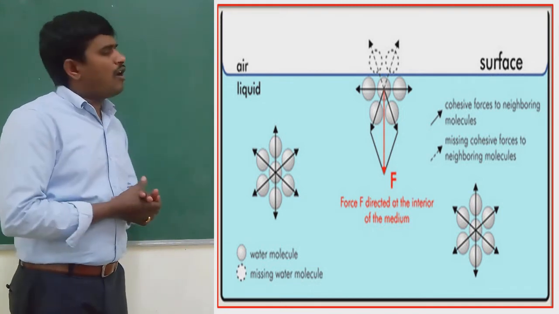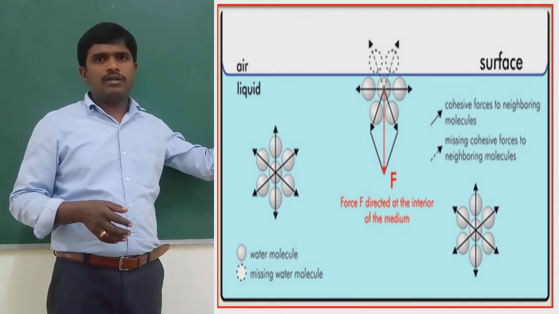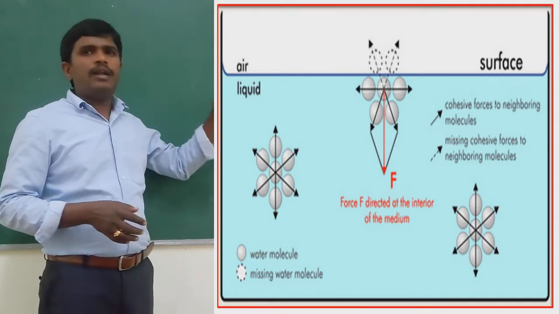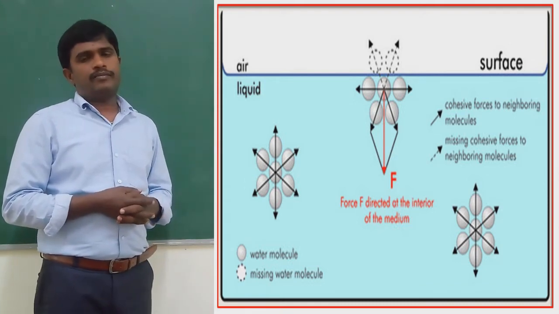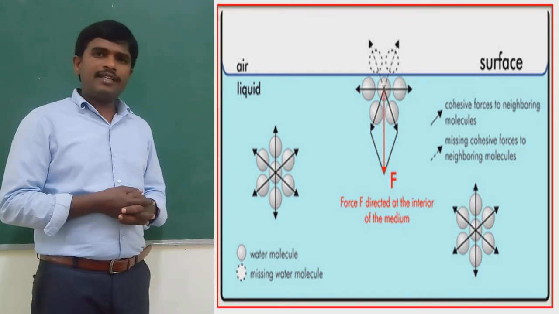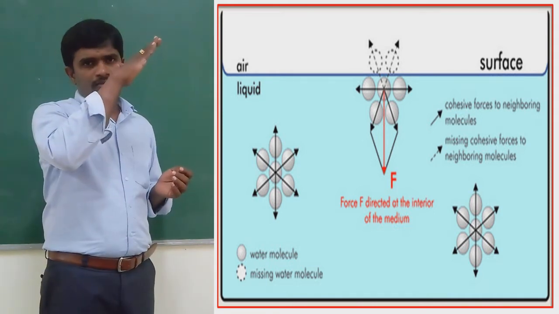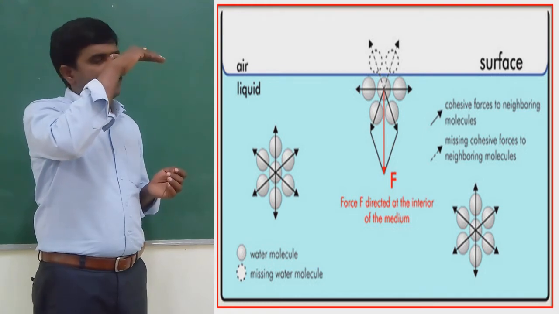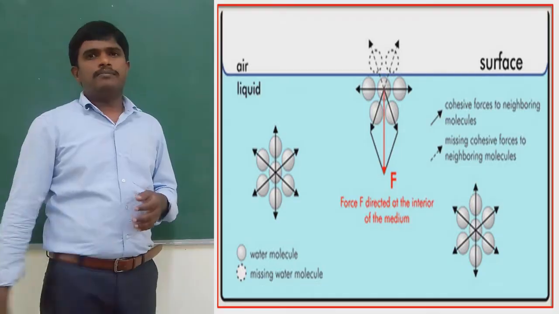Attractive forces of a molecule to its remaining neighbors are stronger on the surface of the liquid. As a result, a force develops that is directed at the interior of the medium.